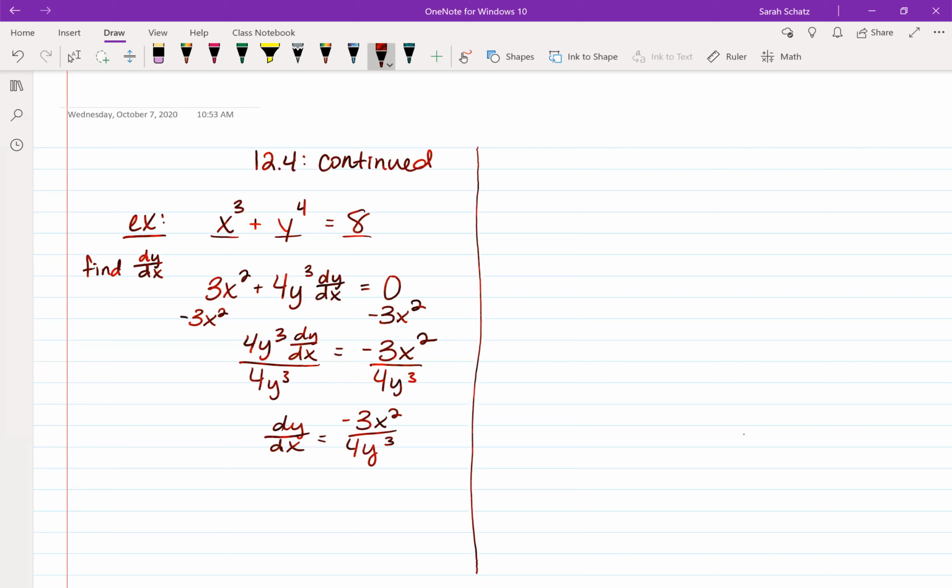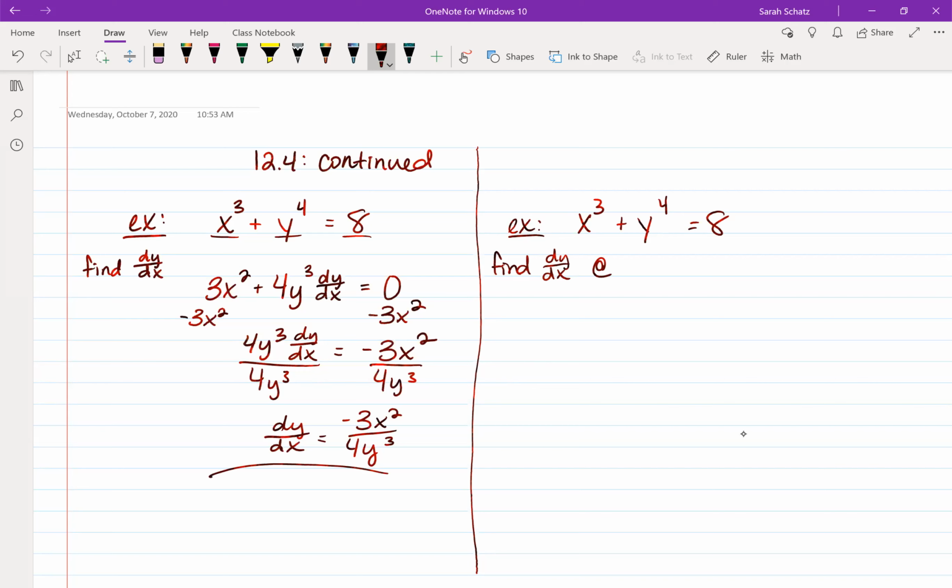So what I want to do now is start this problem just like we did over here. Let's use the same equation, x cubed plus y to the fourth equals 8. But the instructions are going to change just a little bit. This time, I want to find dy dx at a certain point, because I want to know how to take the derivative like we did here, but I should also be able to find the derivative at any point.